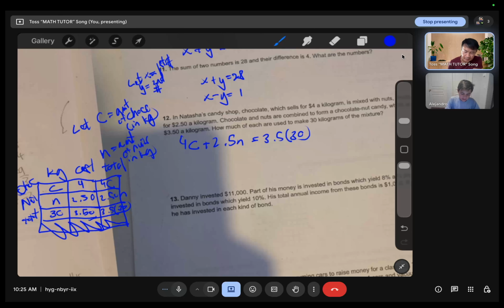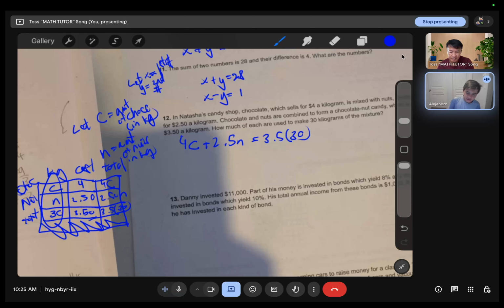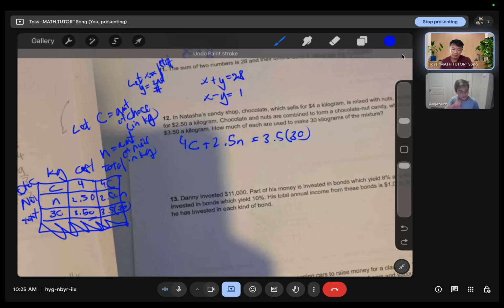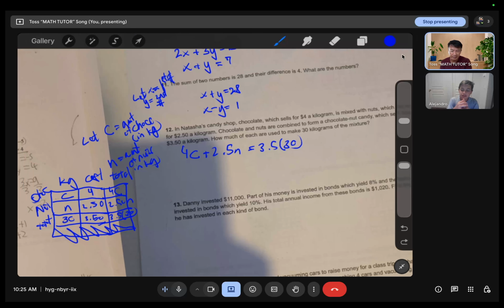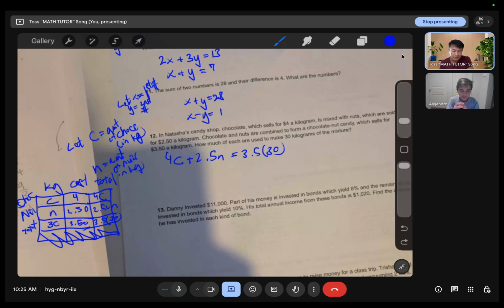And what about the second equation? I don't know if there's a second equation involved with this. The second equation will have to do with the quantity, the amount, this column right here. You have a bunch of costs, but there's still the amount.